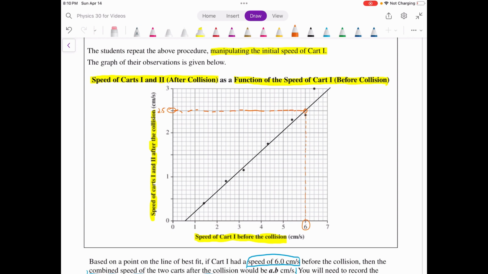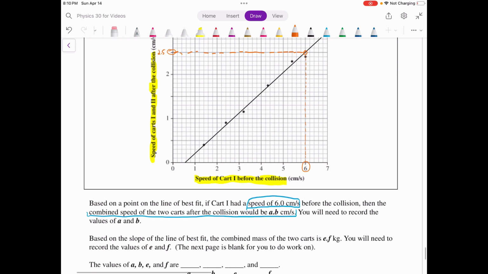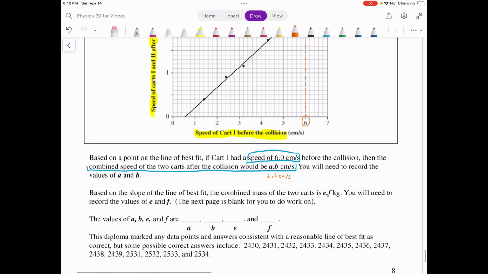That's the most likely outcome based on our other data, right? So A point B centimeters per second is 2.5 centimeters per second based on our line of best fit. So what are A and B? Well, if A point B is 2.5, A is 2, B is 5.